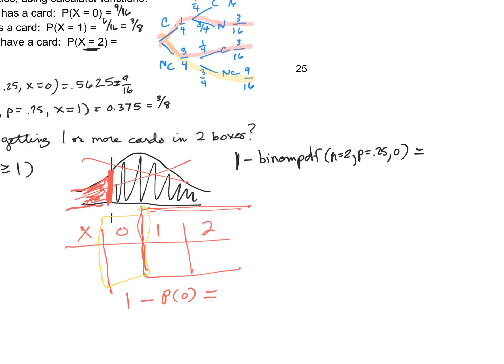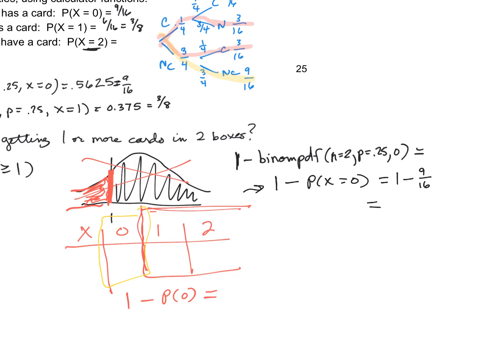We know that, don't we? We could write it as 1 minus the probability of x equals 0. That's one way we could write it. I prefer this way, and so will the committee of graders. Write it as a probability statement. Didn't we already find that? Yeah, 9/16. So we do 1 minus 9/16.